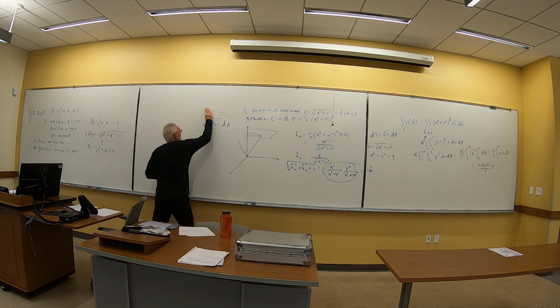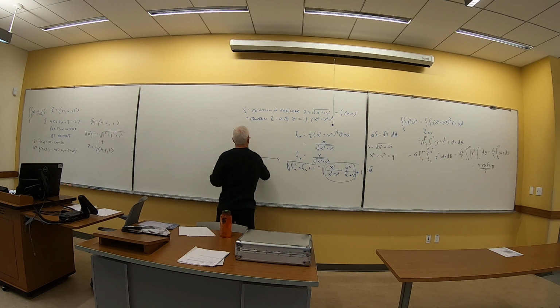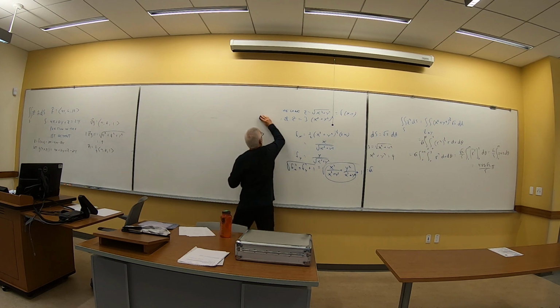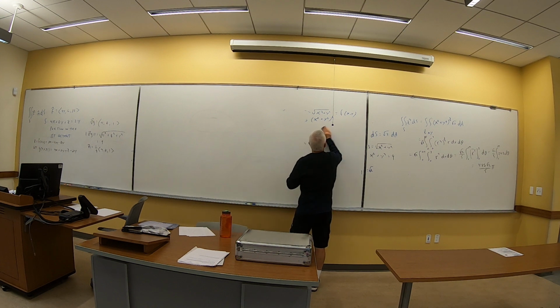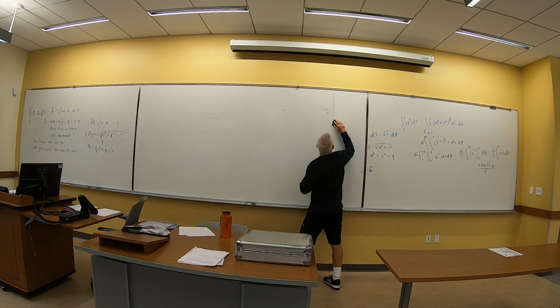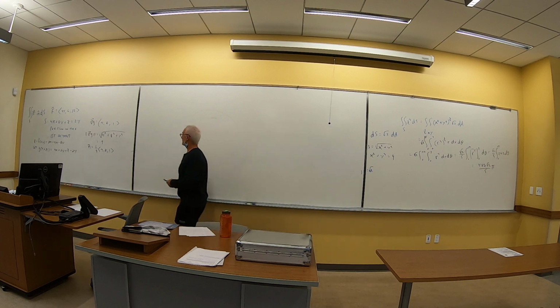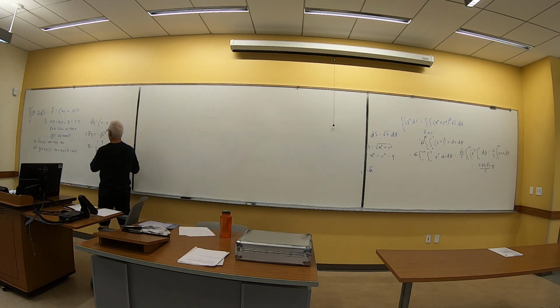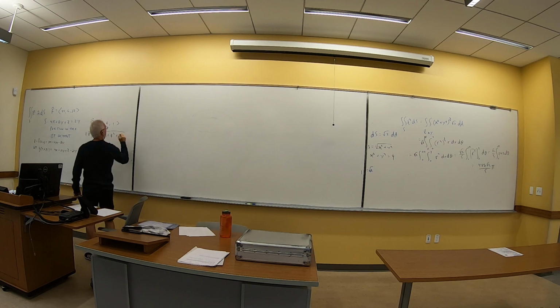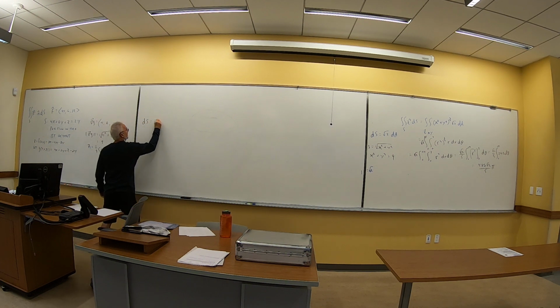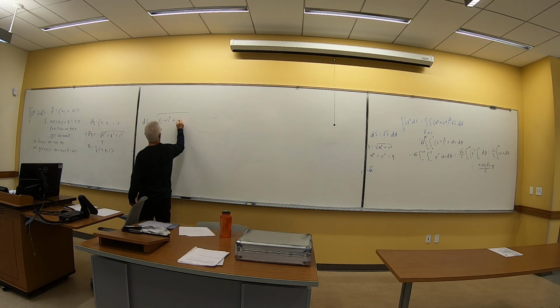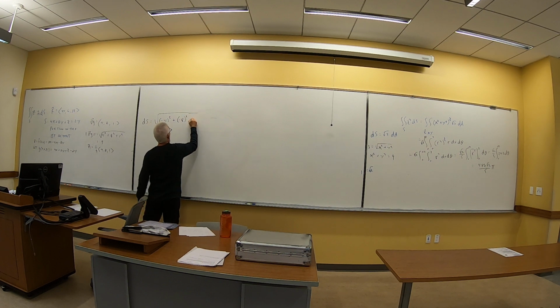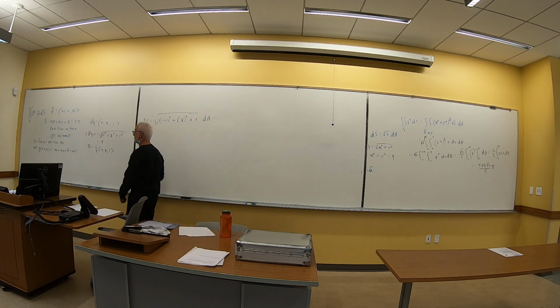Now let's do the surface area parameter. All this stuff here. So going back to here, dS is fx squared, so that would be -4 squared, plus fy squared, that would be -8 squared, plus 1, dA.